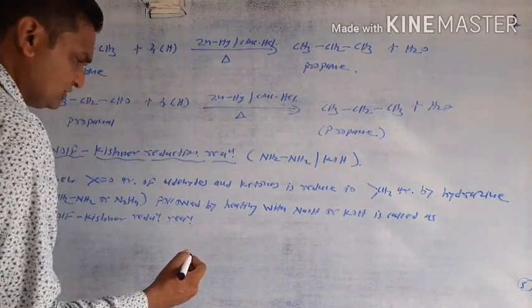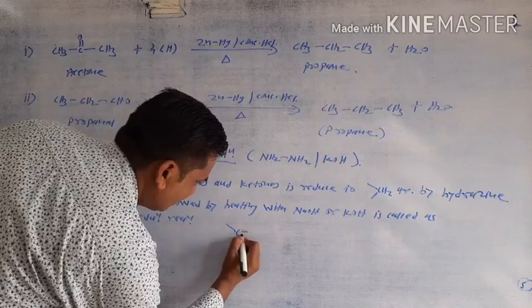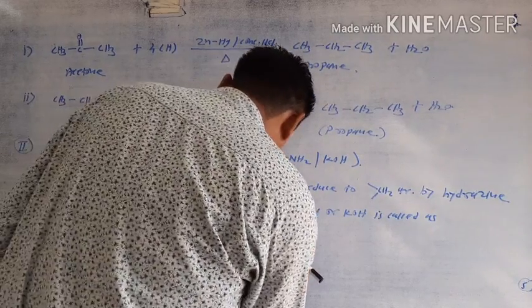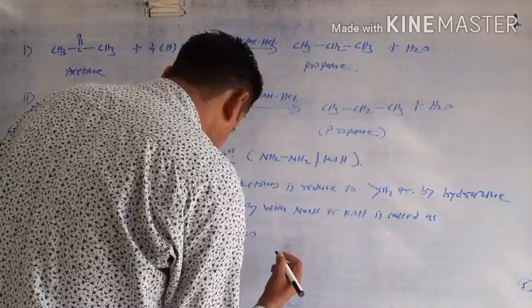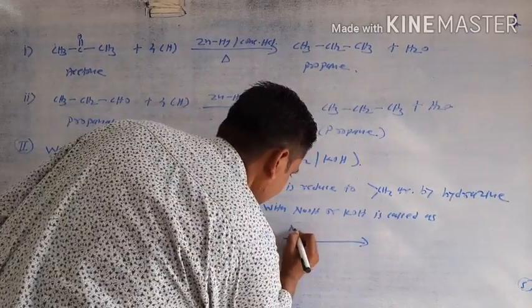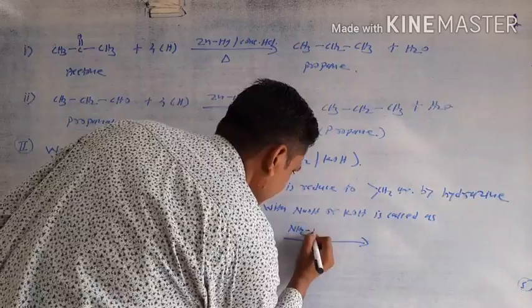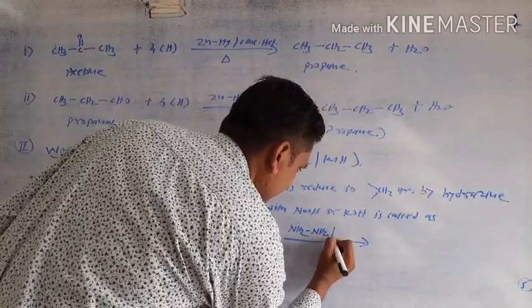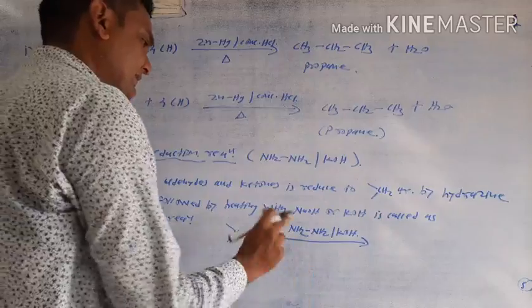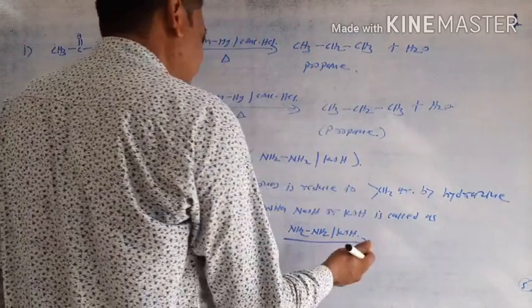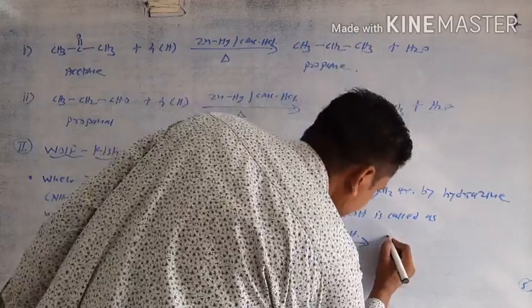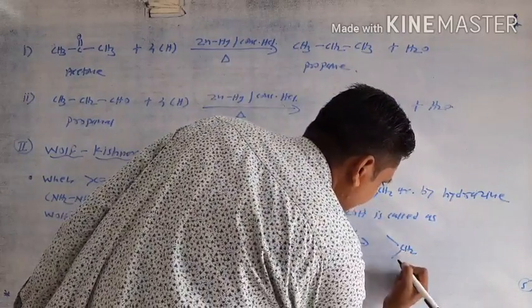Here it is also a general reaction: any carbonyl group is converted, with NH2-NH2 in presence of KOH. This one is the hydrazine. This hydrazine and in presence of base gives the methylene group.